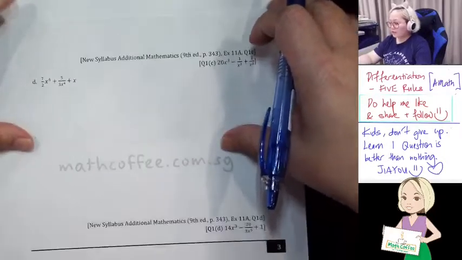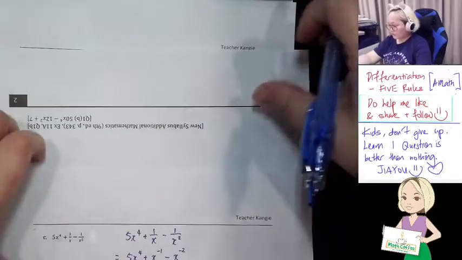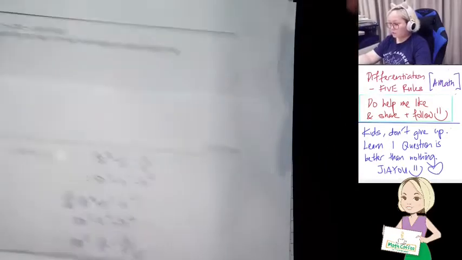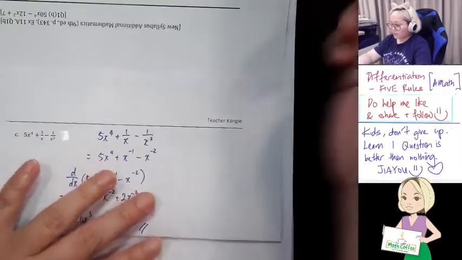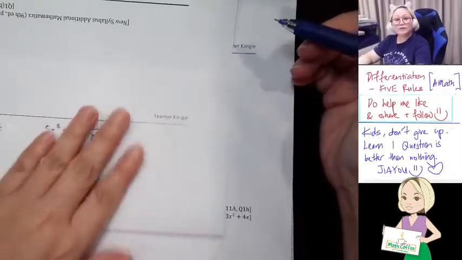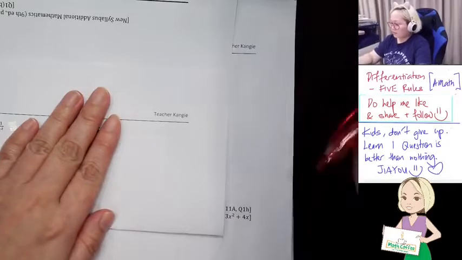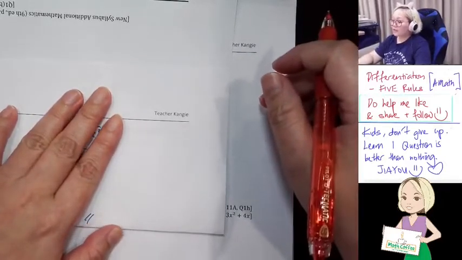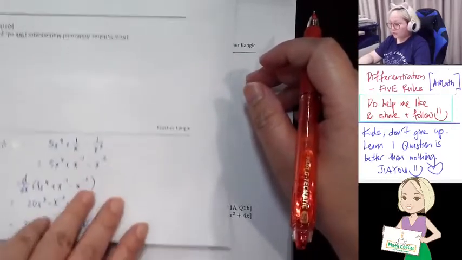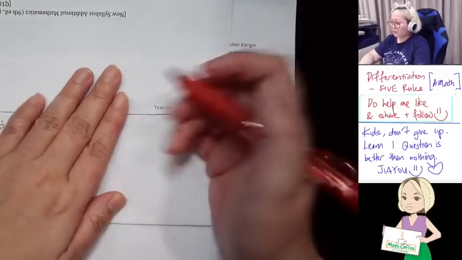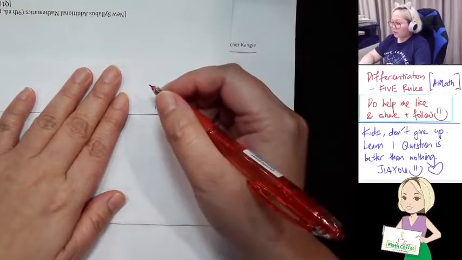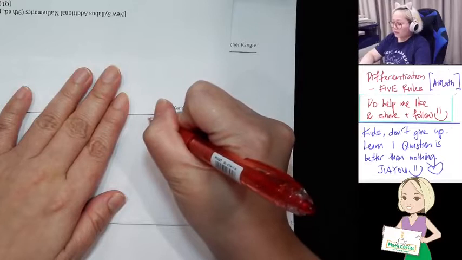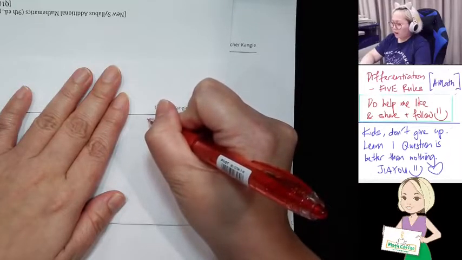Explain the negative convert. Okay, can. So it's actually the indices rule. So let's take a look over here. I put red color. So actually it's indices. Indices is learned in Sec 3 E Math. So let's say for example, the rule is, how am I going to explain?